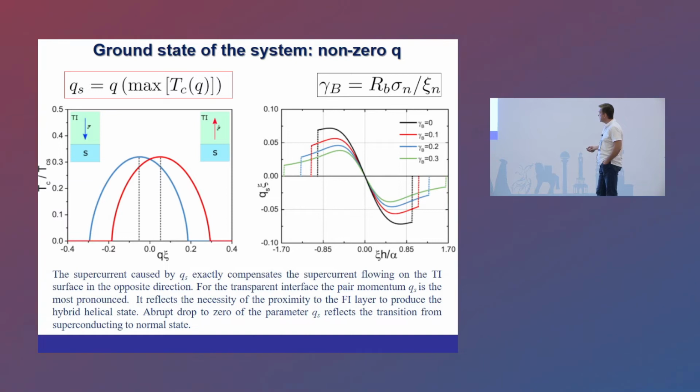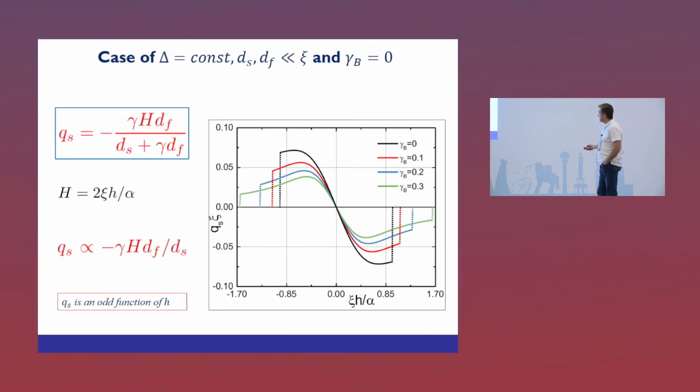because we need this ingredient, the exchange field, to develop the helical state. So here I have some analytical results for actually very small Q, where the thickness is small and gamma_B is 0.